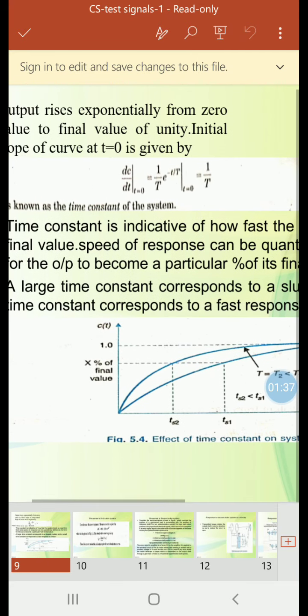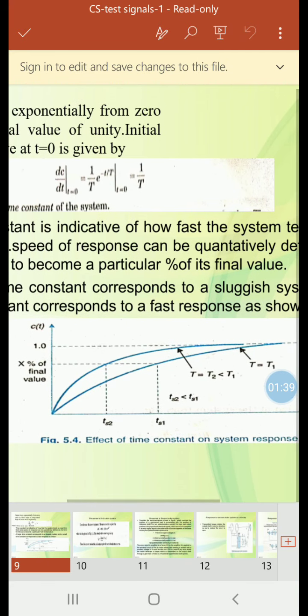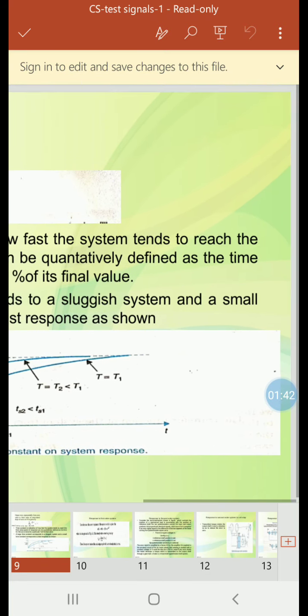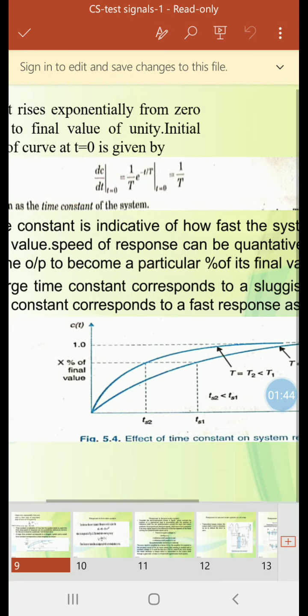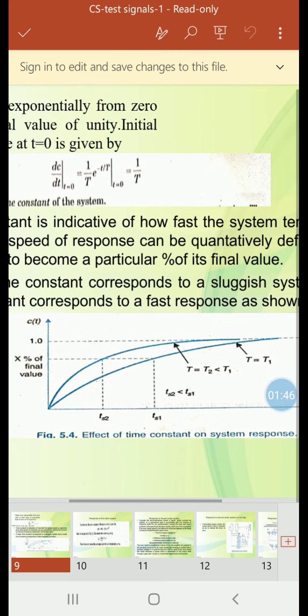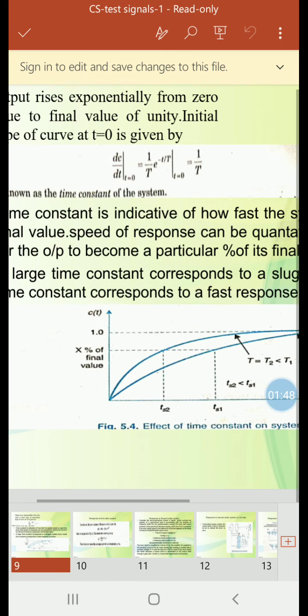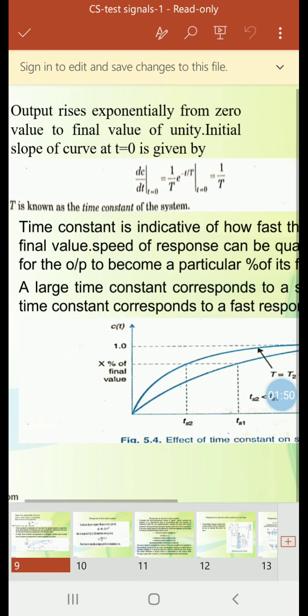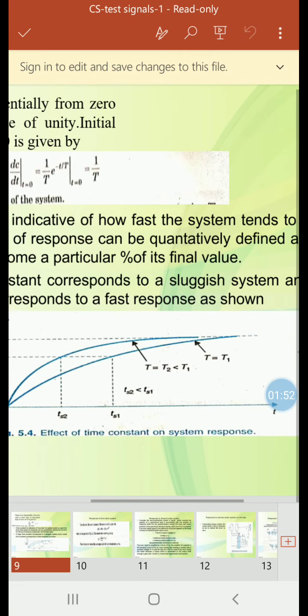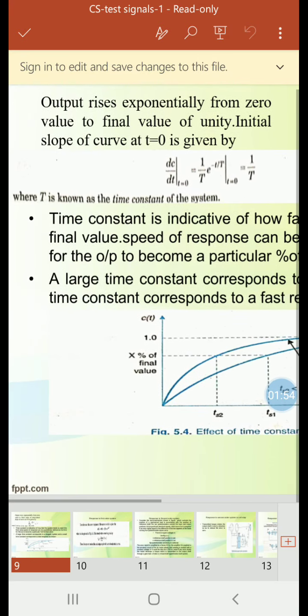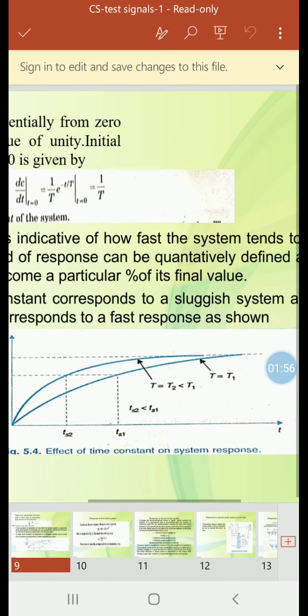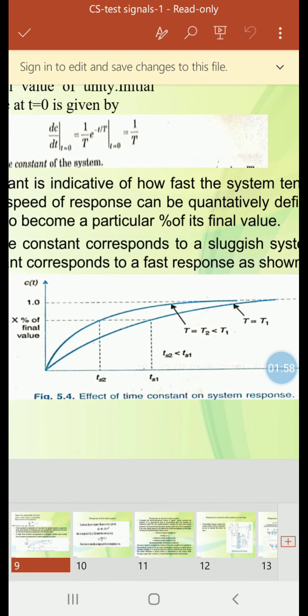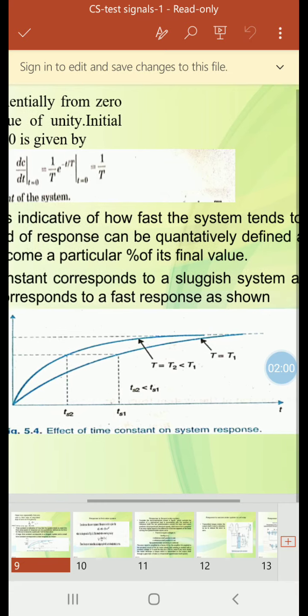A large time constant corresponds to a sluggish system, and a small time constant corresponds to a fast response, which has been shown here. So it depends whether the time constant is large or small. If it is large, it corresponds to a sluggish system. If the time constant is small, it corresponds to a fast response.